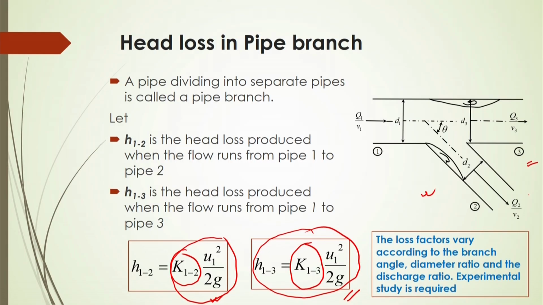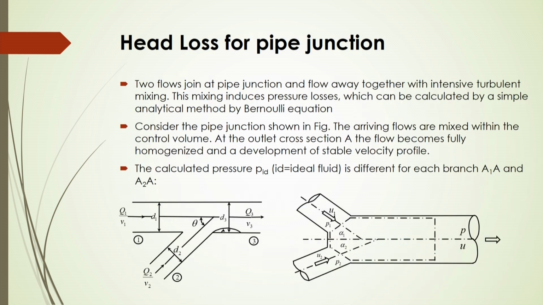In this case, these loss factors vary according to the branch angle, diameter ratio and the discharge ratio, and to find them you have to rely on experimental observations.